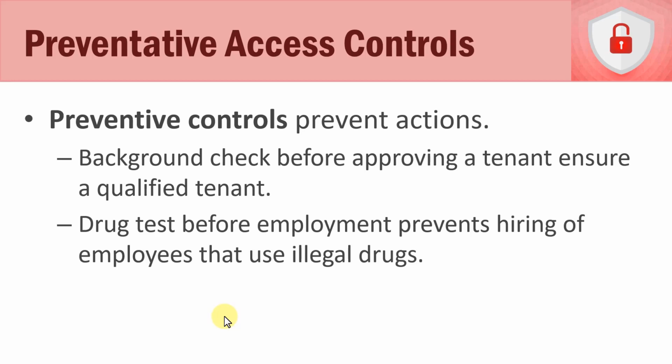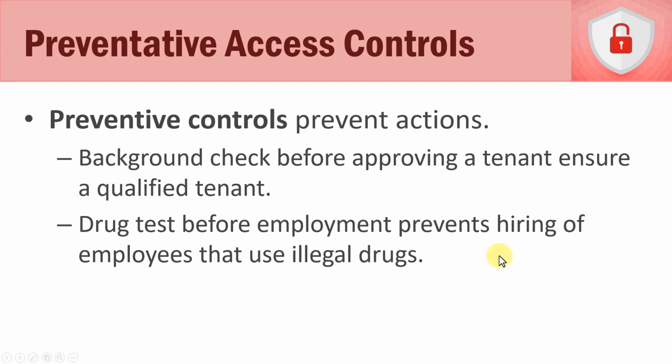Well, before you rent it out to them, you're going to want to do a background check to make sure that they're qualified to rent that space. Another example would be a drug test before hiring an employee, especially for a position where you want to make sure that they are of sound mind and body. So those are some examples of preventative controls.